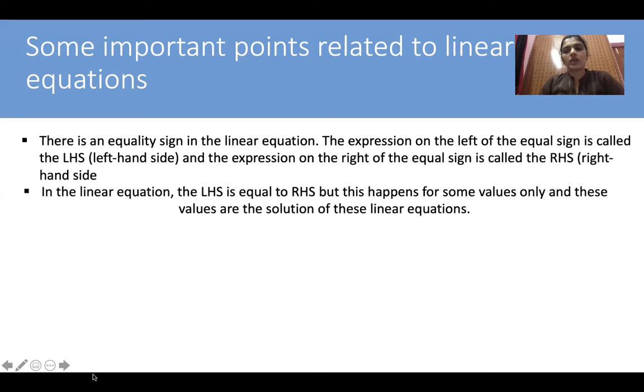For some values the left hand side and right hand side are equal, and those values are called the solution of the linear equation.